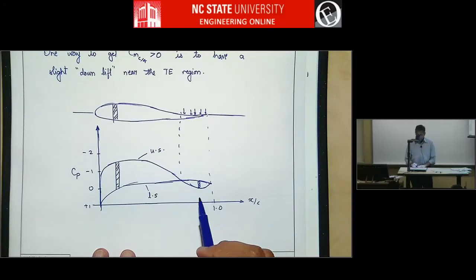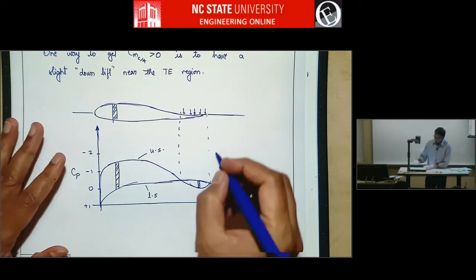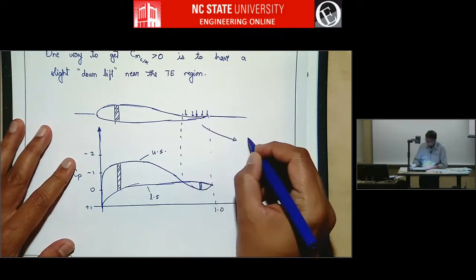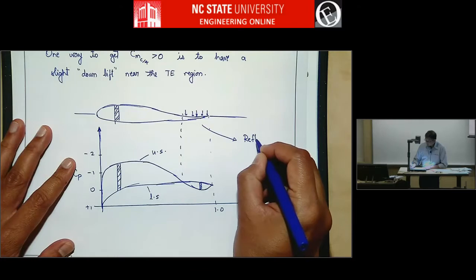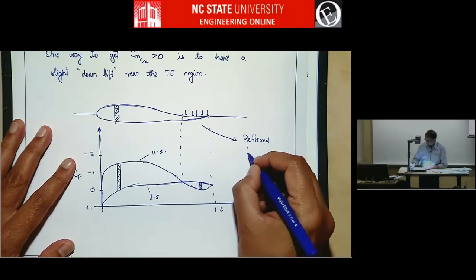The telltale sign in the CP distribution is that the curves flip around or cross over near the trailing edge. Okay, so this is called a reflexed airfoil or reflexed trailing edge.